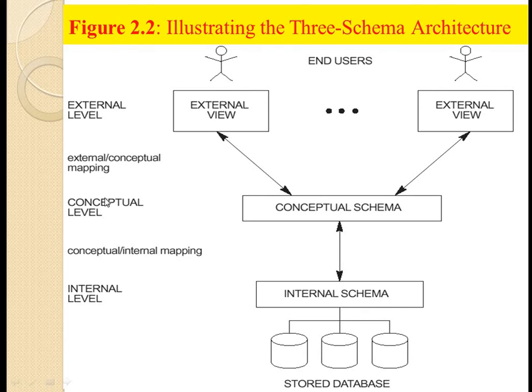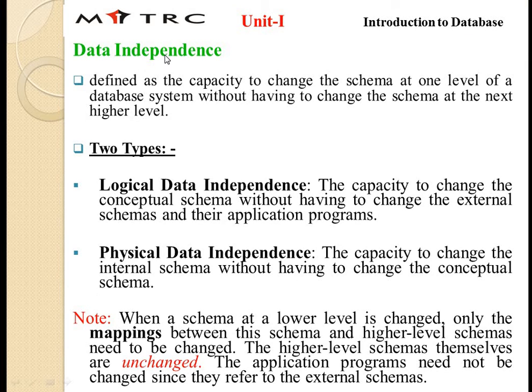For example, if I need to change anything in the conceptual level in this three schema diagram, and I enter through the external level, then I would have to change the external view also, then it would be reflected in the conceptual schema, and ultimately the changes would be made in the internal schema. But that is not possible when we talk about data independence. Data independence is the capacity to change the schema at one level without having to change the schema at the next higher level.